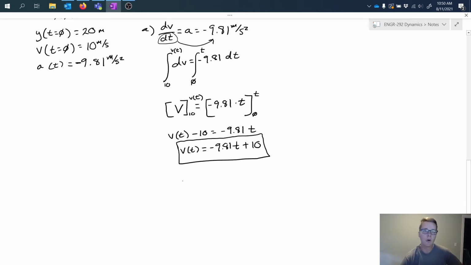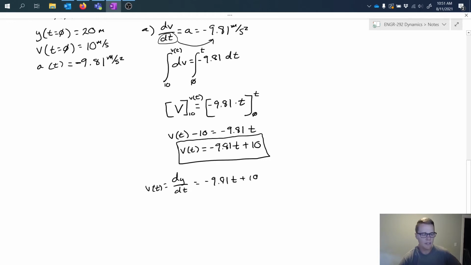Next, we're looking for an equation for position. So we can treat this in the exact same way by realizing that v is just dy by dt, carrying my expression down, negative 9.81 t plus 10, that stays the same.